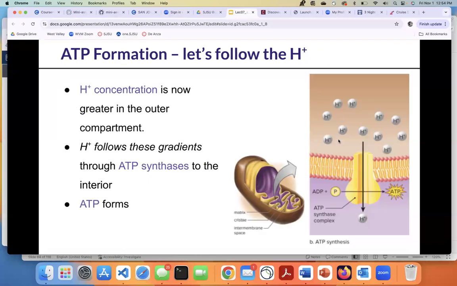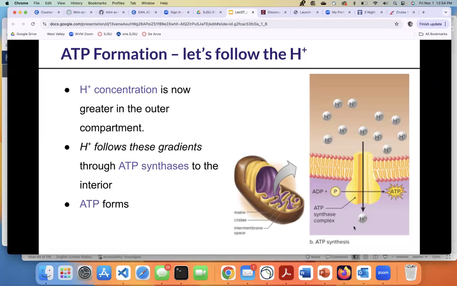And the whole reason we do that is because there's that concentration difference, it wants to go down its concentration gradient, and it's going to go down within the ATP synthase interior right here. As it goes down its concentration gradient, this ATP synthase is like a rotor, just spinning really fast.